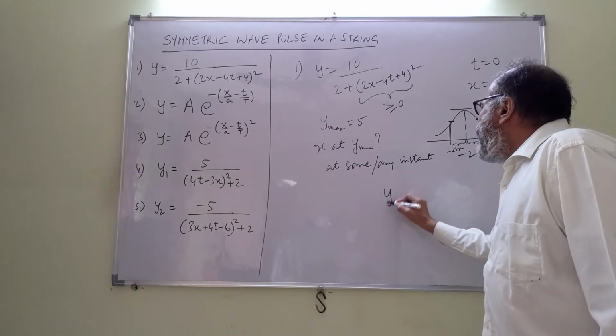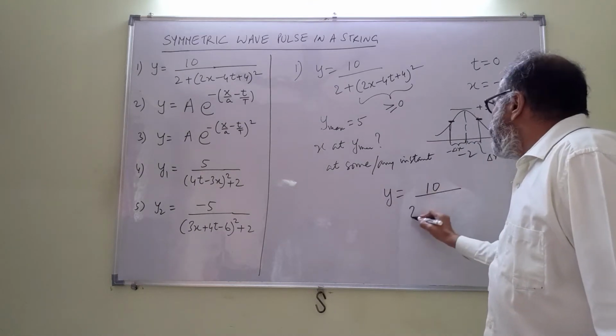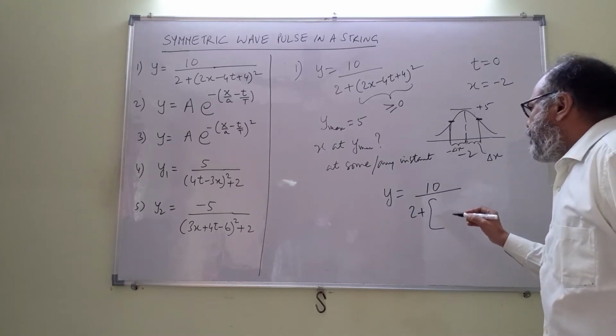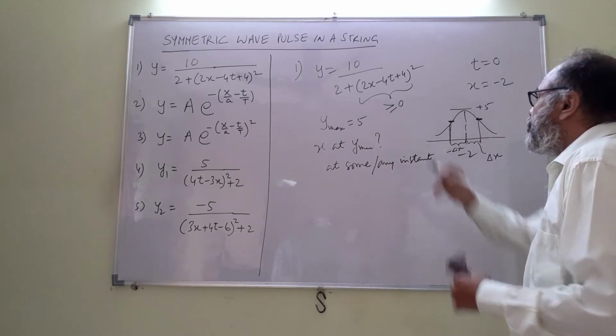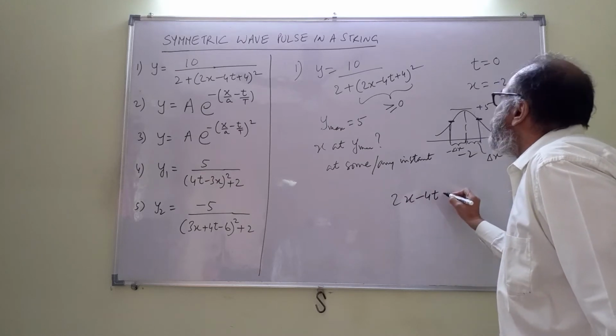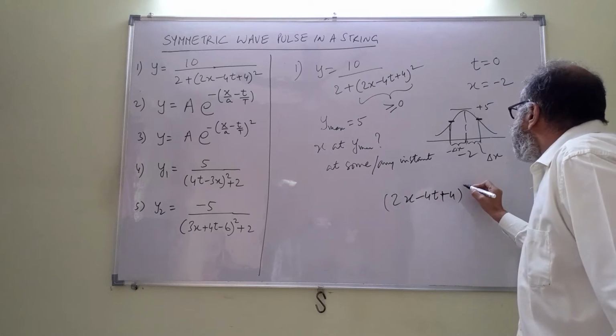We have y is equal to 10 by 2 plus. Now we are checking for the maximum. So let us see, 2x minus 4t plus 4, the whole square.